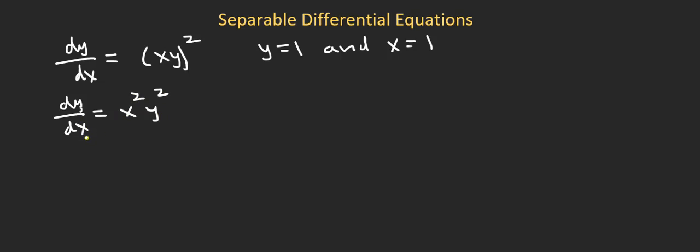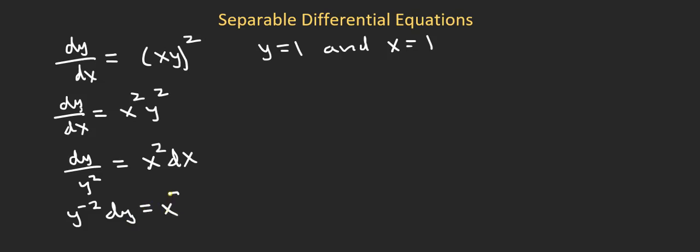We have to separate the variables. So you get dy over y squared is x squared dx, which is the same thing as y to the negative 2 dy equals x squared dx. And we have to find the integral of both sides.